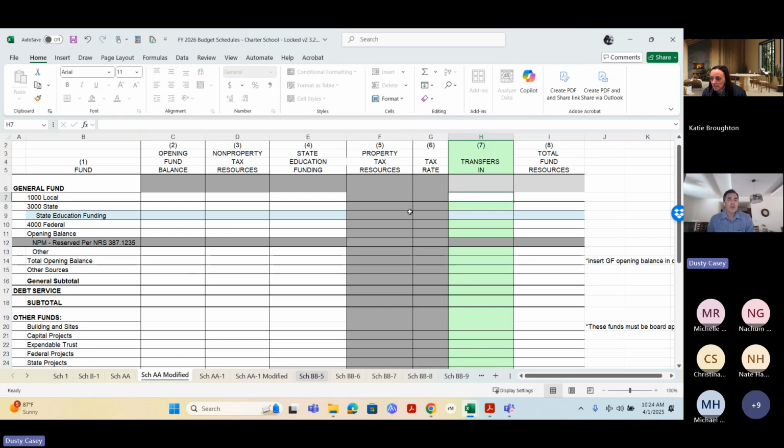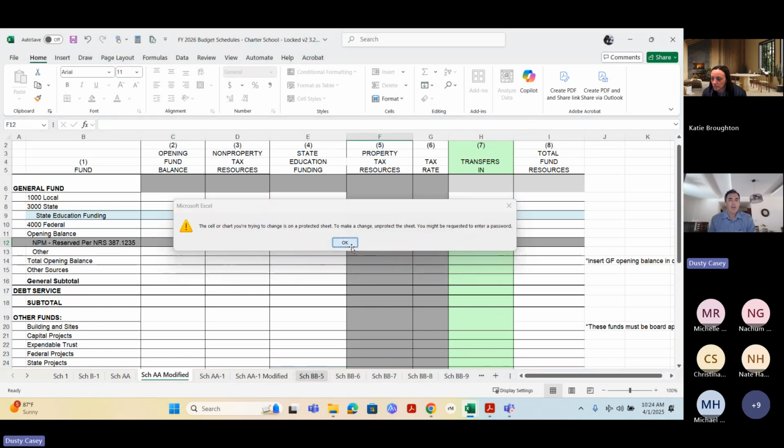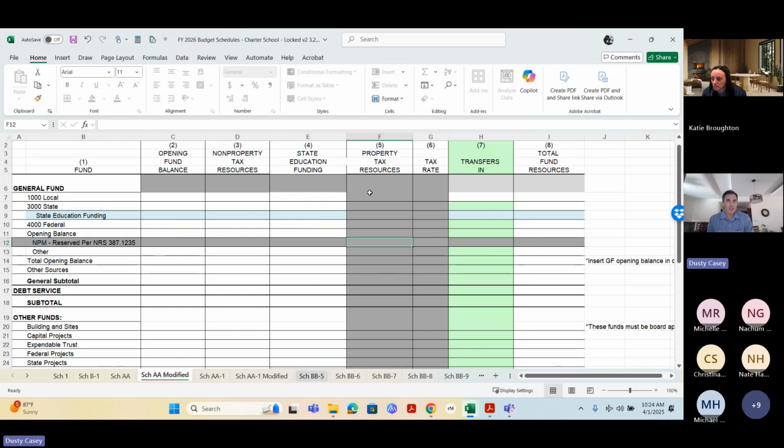We grayed out anything in gray, which you should not be filling out, and they're probably locked so that you can't, because they are specific to districts, especially when you get into property tax resources and tax rates. But this is a summary.